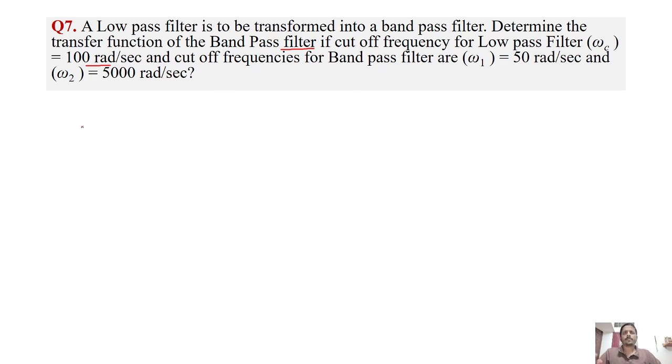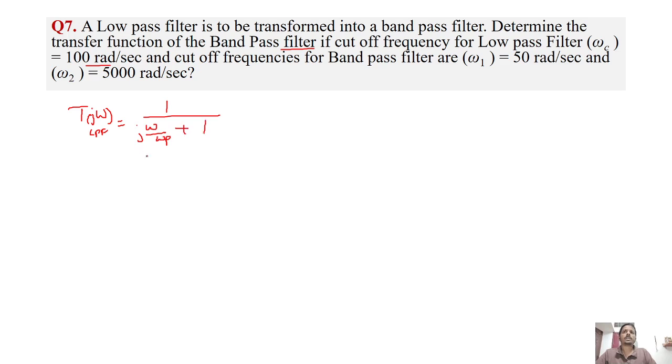Either we can substitute the values of Q and omega naught directly in the equation, if we know the general equation of the transfer function of the band pass filter, or we can substitute. I know the transfer function of the low pass filter as 1 by j omega by omega p plus 1.